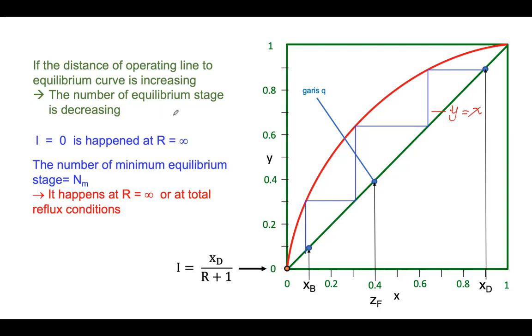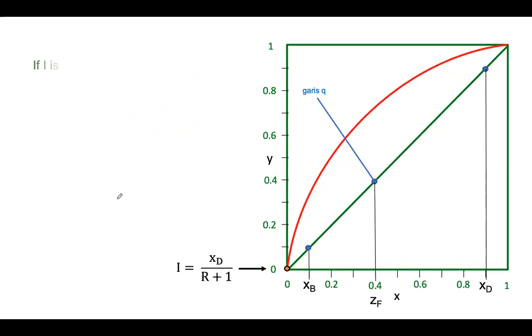So xd divided by R plus 1 equals 0, which means R would be at infinity. This is called the total reflux condition. This is when we don't have any product, we don't have any distillate.